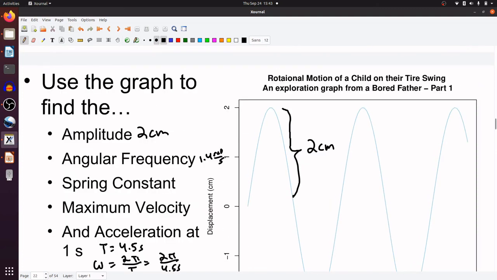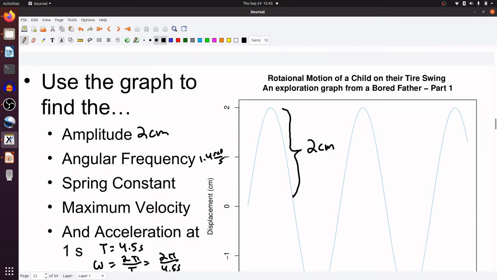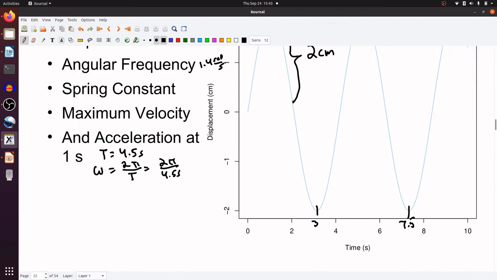We need to now find our spring constant. I just noticed one thing: I forgot to give a mass on this in my graph. How sad. So let's just assume that our mass is going to be 25 kilograms. In order to find our spring constant, we know that m omega squared is equal to k.